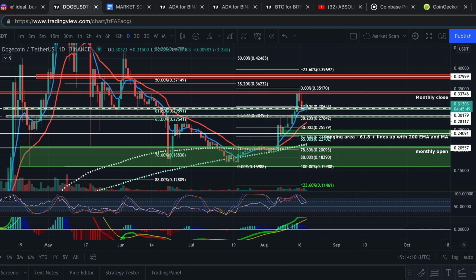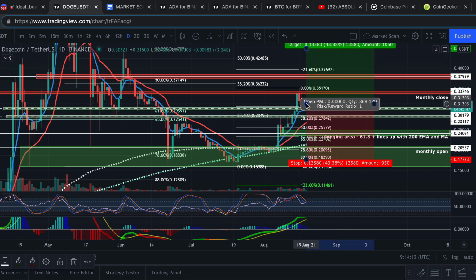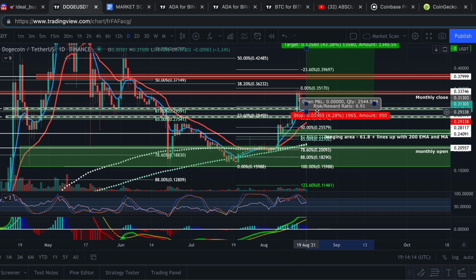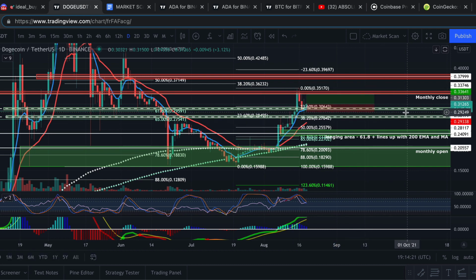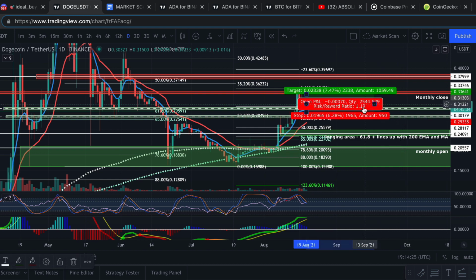I mean, I guess technically you could do this, right? But if you do this, then your stop sucks because then the 38.2 is right there, and it'll probably bounce off 38.2 and then come right back up above where you put it.